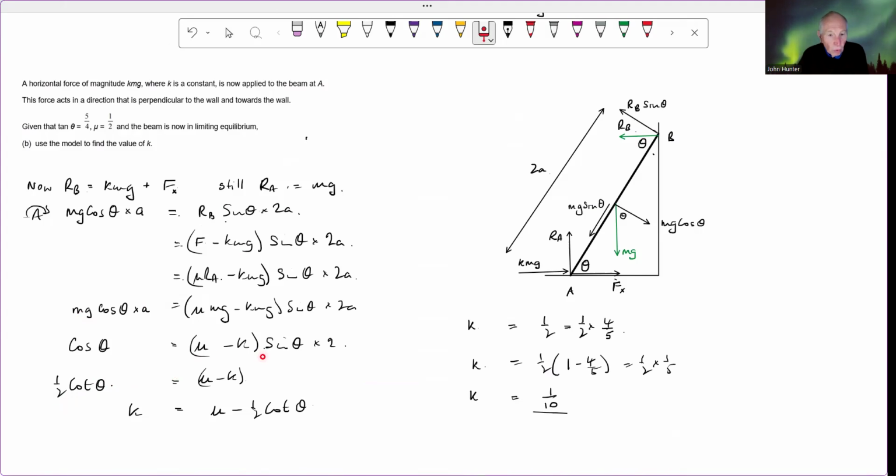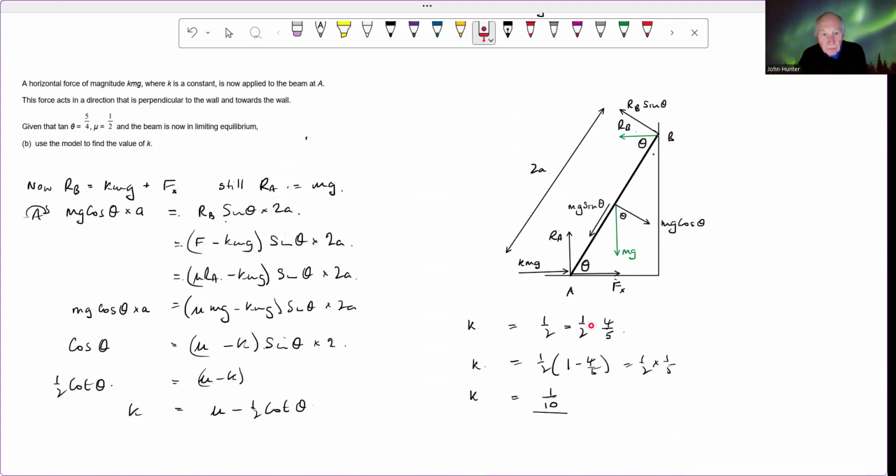And therefore, if we just bring this term over onto the denominator on the left-hand side, half cot theta equals mu minus k. Cotangent of theta is going to be 4/5, isn't it? Coming from that. So let's write that out in terms of k. Cotangent is that.